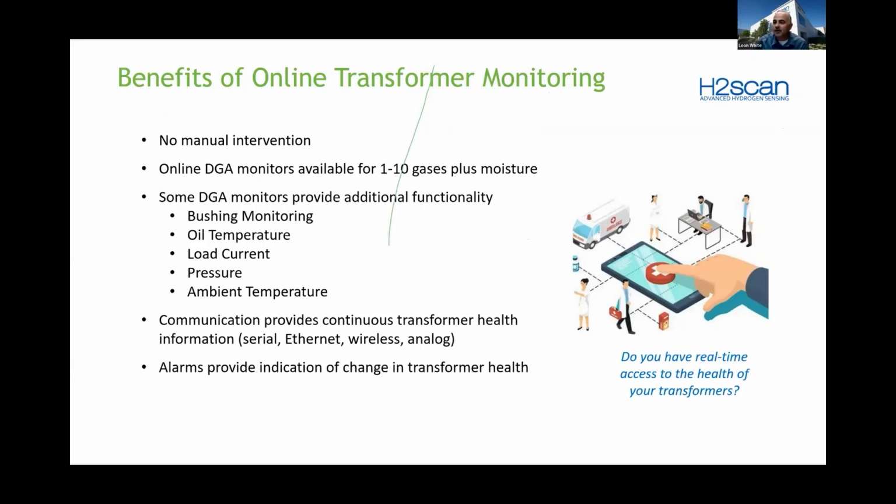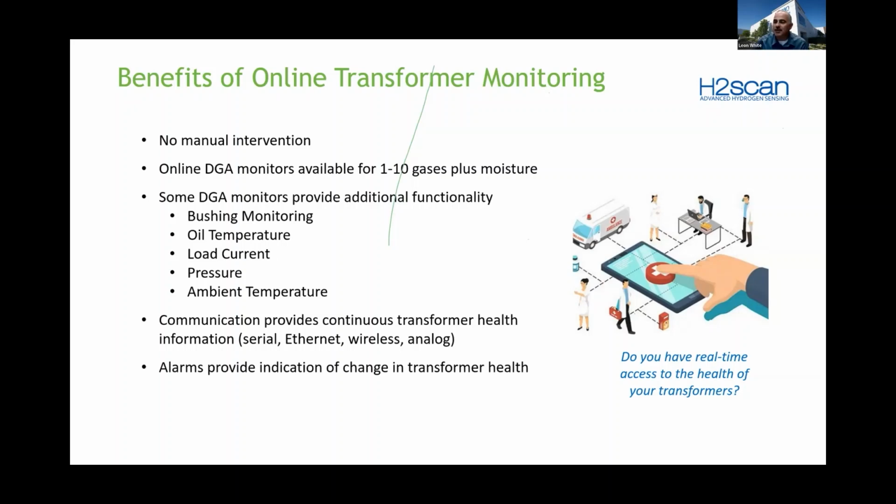And so the nice thing about online DGA monitors is they're on the transformer. As long as they're installed and operating properly, they're providing real-time information, and there's no manual intervention. So the risk of manual intervention issues is lower. You still have issues.